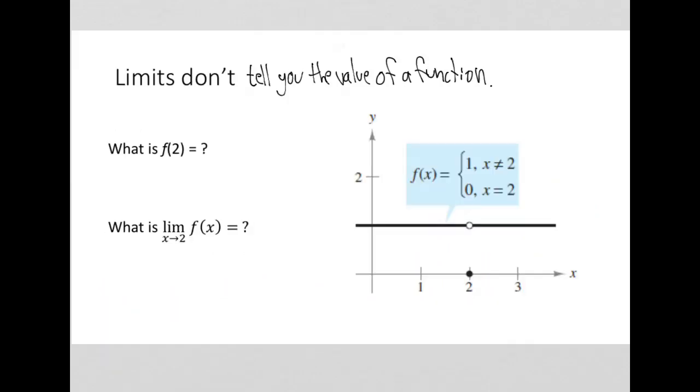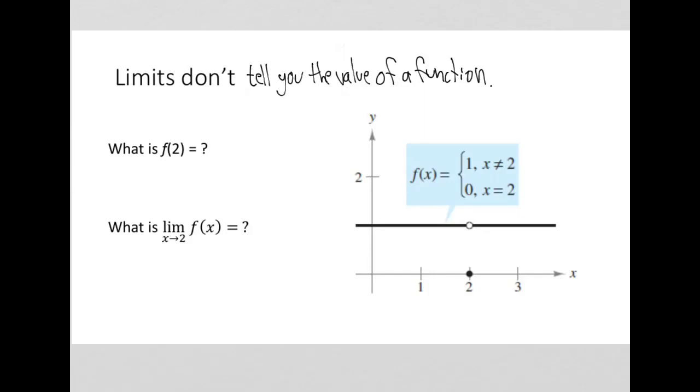So now look at this weird situation here. We have this piecewise defined function f of x that is just the boring straight horizontal line for all x values not equal to 2. But for the one specific x value of 2, our function is defined as having a y value of 0. So, to answer the question, what is f of 2?